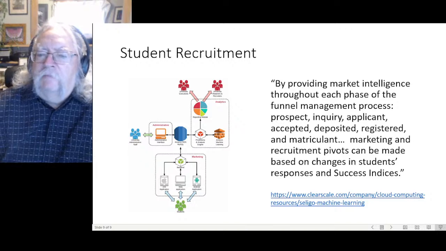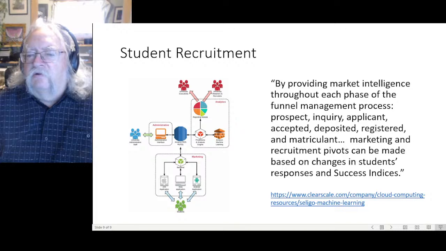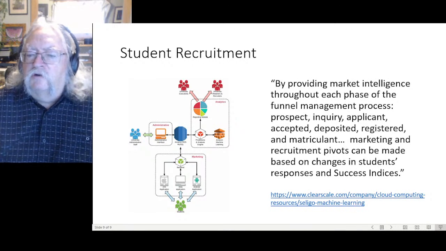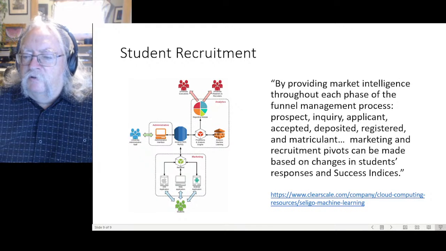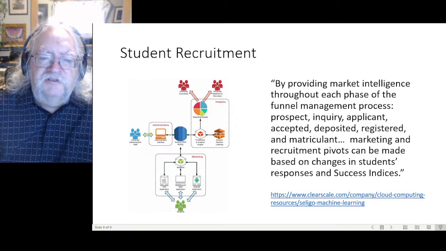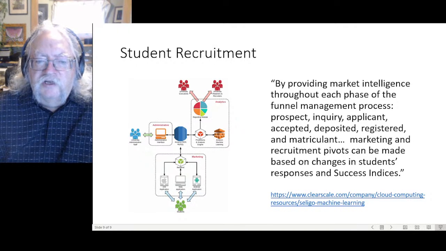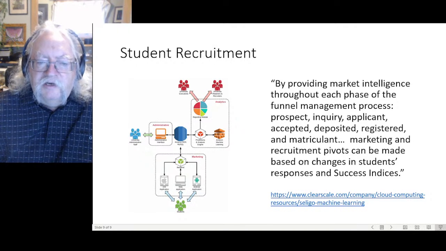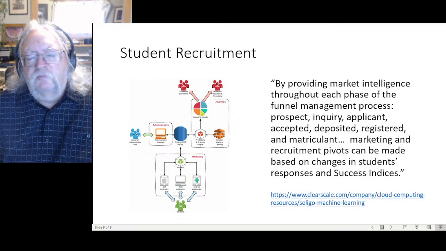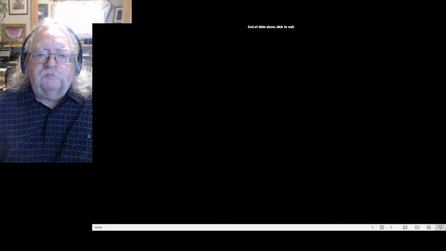Prospect, inquiry, applicant, accepted, deposited, registered, and matriculant. These are all stages of the funnel management process. Marketing and recruiting pivots, we read, can be made based on changes in student responses and success indices. There's a diagram here on the slide that shows a number of the points where analytics and predictions can be used in order to make this process more efficient and more accurate.